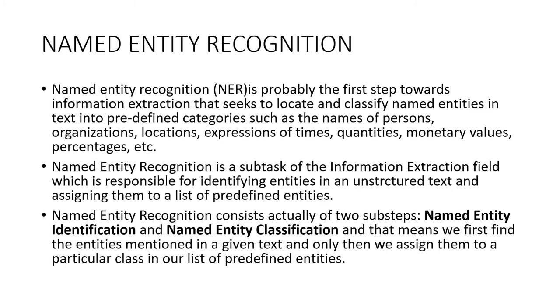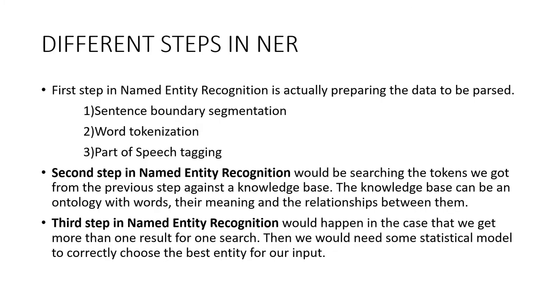It consists of two subsets: named entity identification and named entity classification. That means we first find the entities mentioned in a given text, and only then we assign them to a particular class in our list of predefined entities.